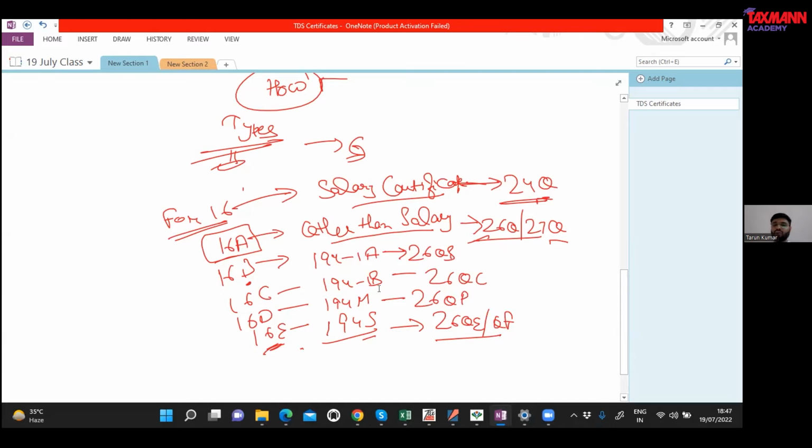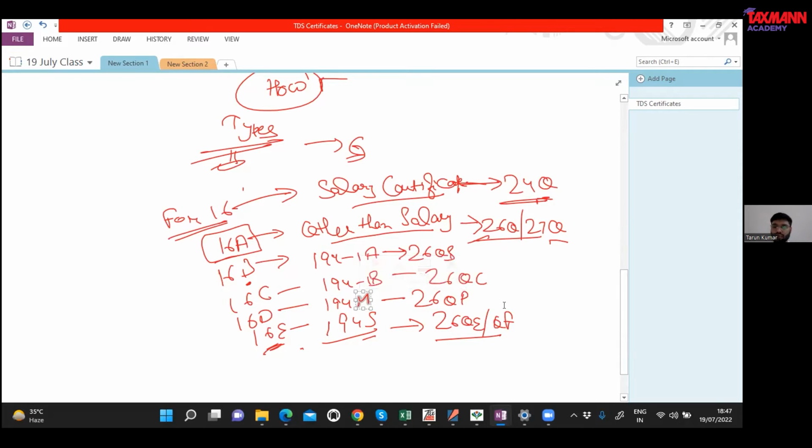And then 194IB is for rental payments. The TDS return is to be filed in Form 26QC, and the TDS certificate is to be issued in Form 16C. Okay. And for what purpose is 194M? It is for professional payments. Okay.